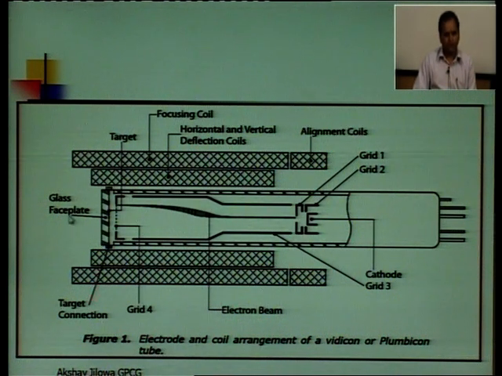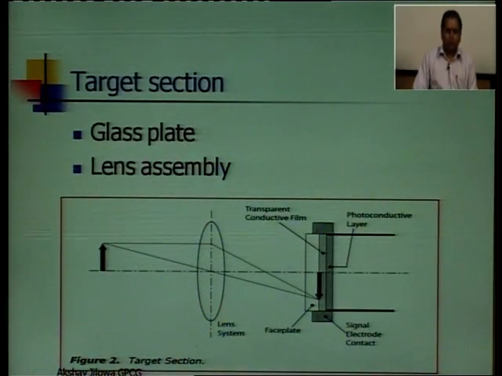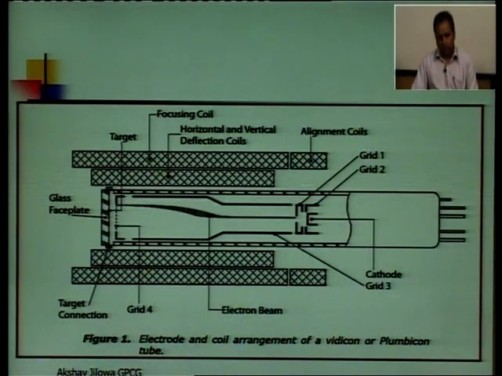Here we have a glass face plate, this is the target connection, this is the target, here are the focusing coils, these are the horizontal and vertical deflection coils, and these are the alignment coils. First I will explain how this Vidicon works.